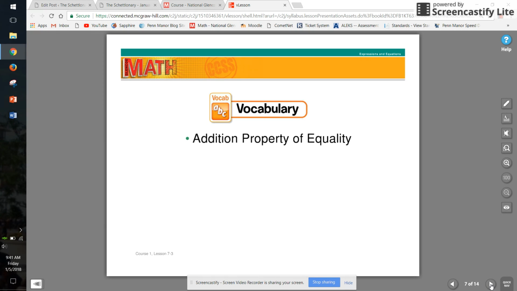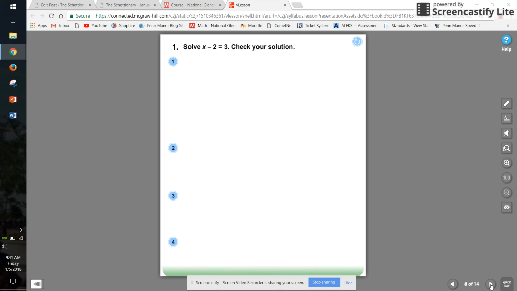Let's take a look at the addition property of equality first and how it works. If I have an equation like x minus 2 equals 3, I want to isolate the variable. And everybody hopefully knows by now that the variable in this case is x. Now, I notice on the x side that there's a minus 2, so what I want to do is get rid of that minus 2.